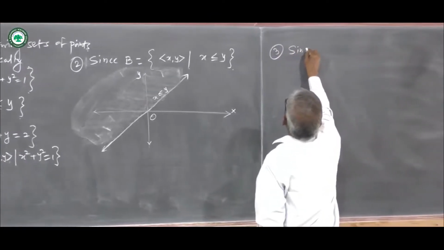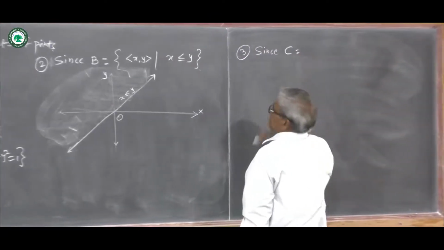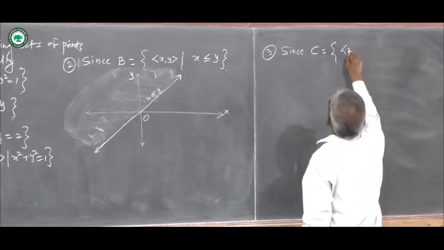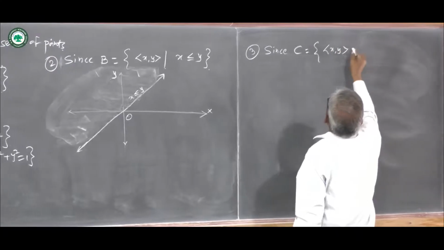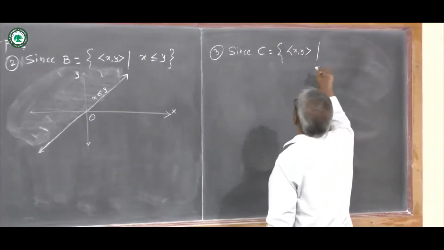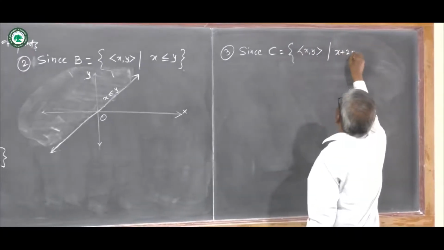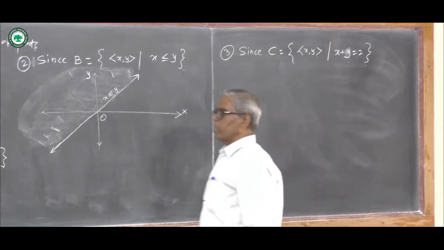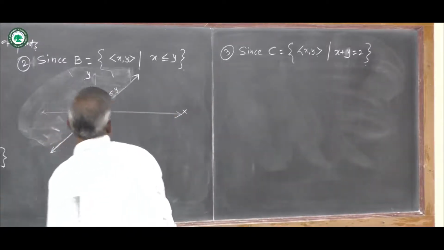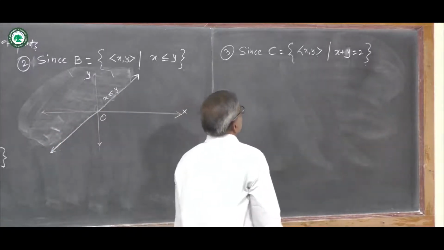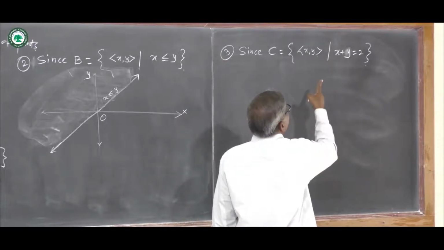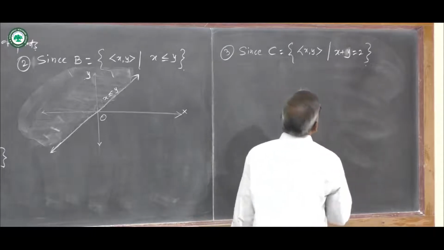Since capital C is equal to the ordered pairs (x, y) such that x plus y is equal to 2, it consists of all points which lie on this line, x plus y is equal to 2.